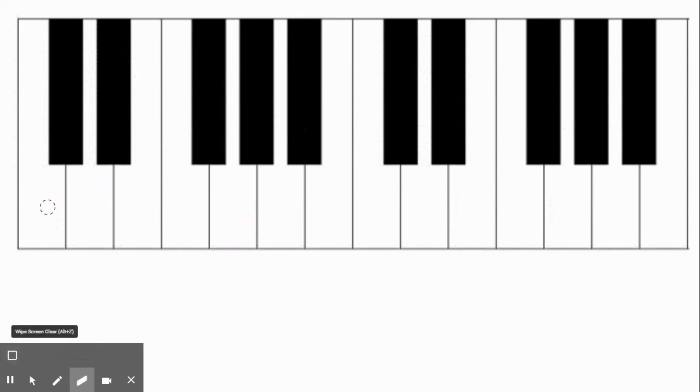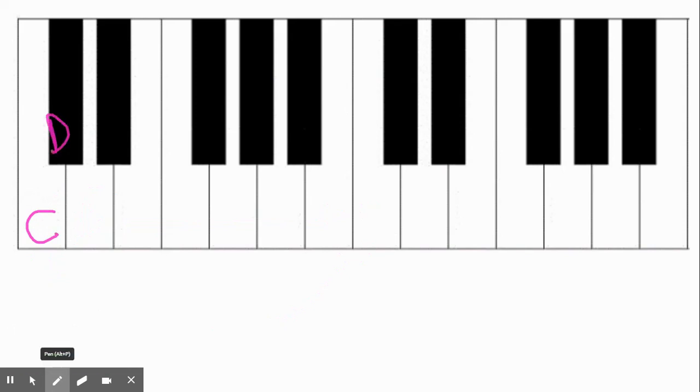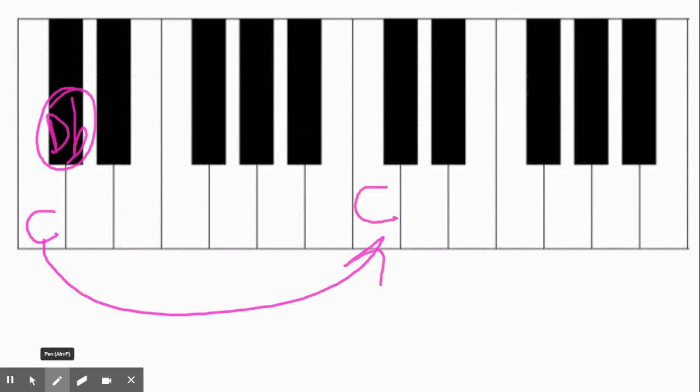If I take a minor second, C to D flat, and I want to flip that upside down and invert it, we're going to invert that by moving our C up an octave. So our minor second inversion is a major seventh.